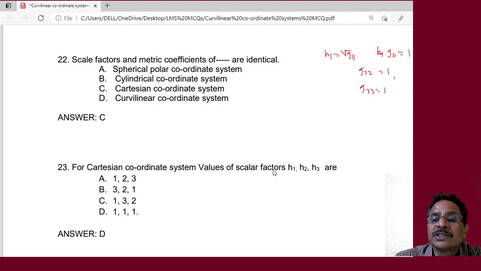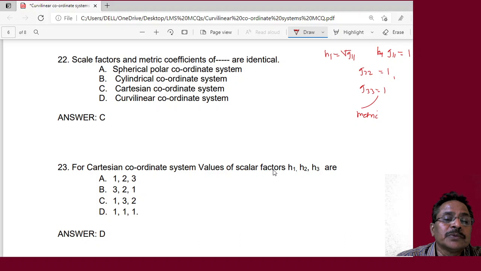That means all these scale factors and metric coefficients are found to be the same for the Cartesian coordinate system, and therefore the correct option of this question number 22 is C, the Cartesian coordinate system.